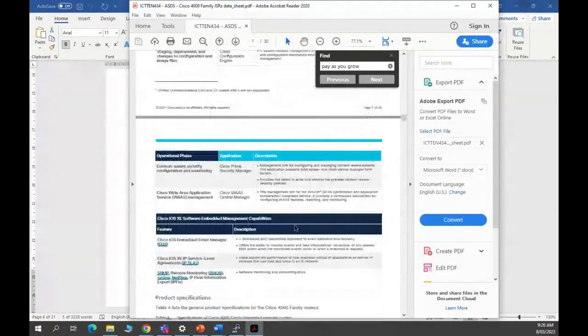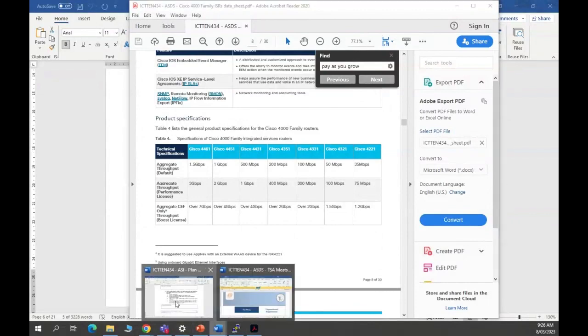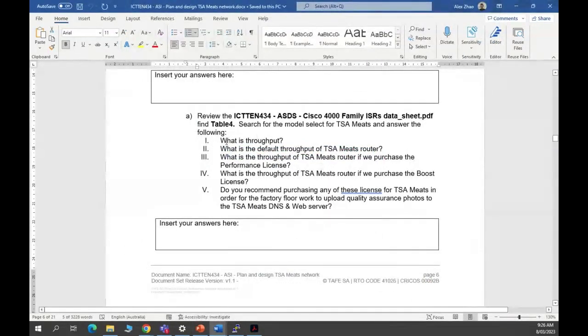If we go to table 4, here it is. So if we look at this, these are the different licenses, the default, the performance, and the boost license. And then you've got the different performance that you unlock for each license. I think that question pretty much answers itself if you find the answers in there.